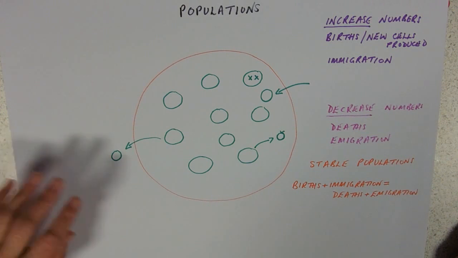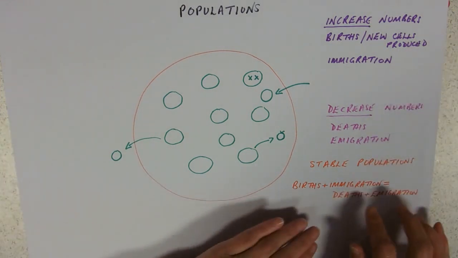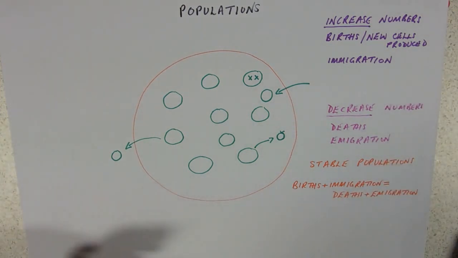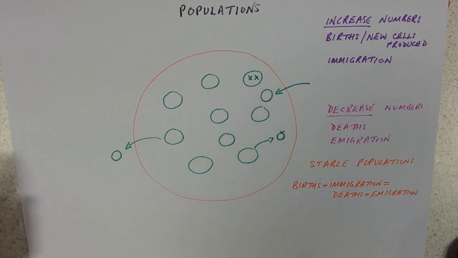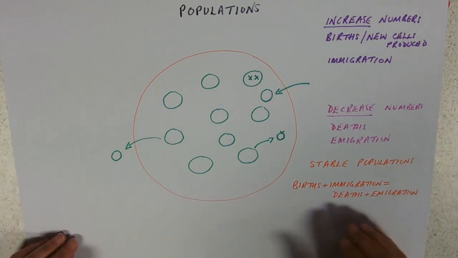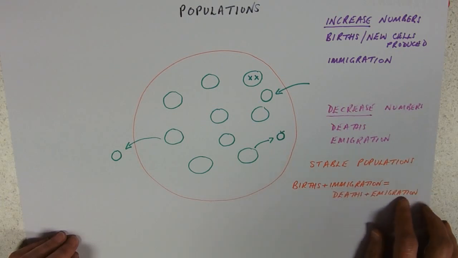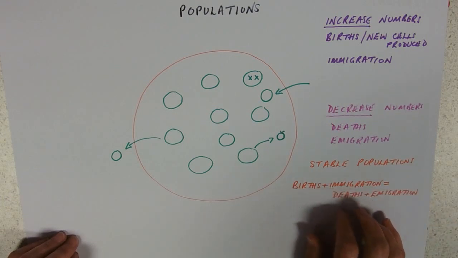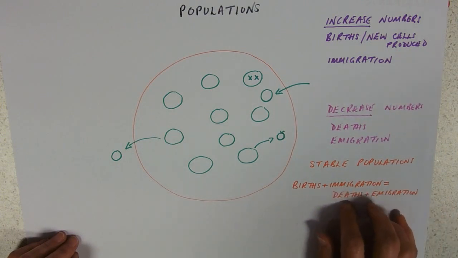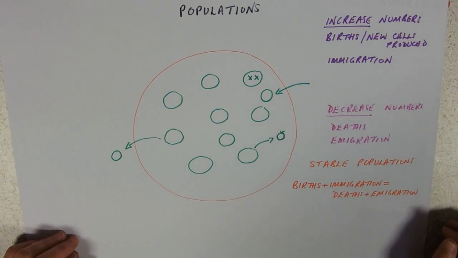Don't forget that to be able to utilise this formula, if you've got an increasing population, it means their births and immigration are bigger than their deaths and emigration, and if the population's declining, it means their deaths and emigration are exceeding their births and immigration.